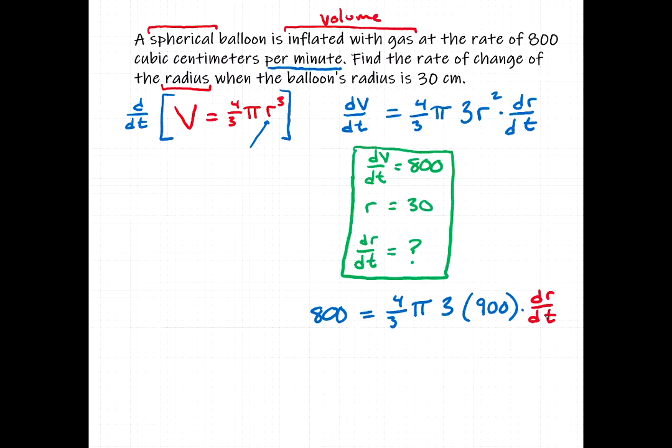All right, so we can move everything to the left and isolate the dr/dt. So we have 800 equals, the 3's cancel, 4 times 900 is 3600 pi, dr/dt.